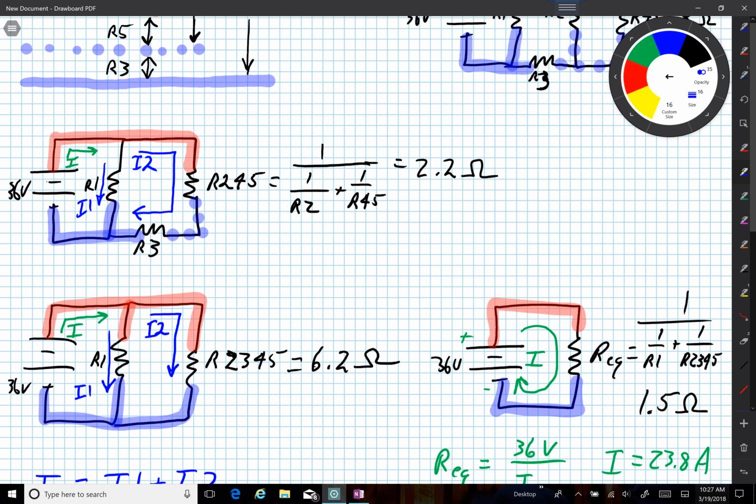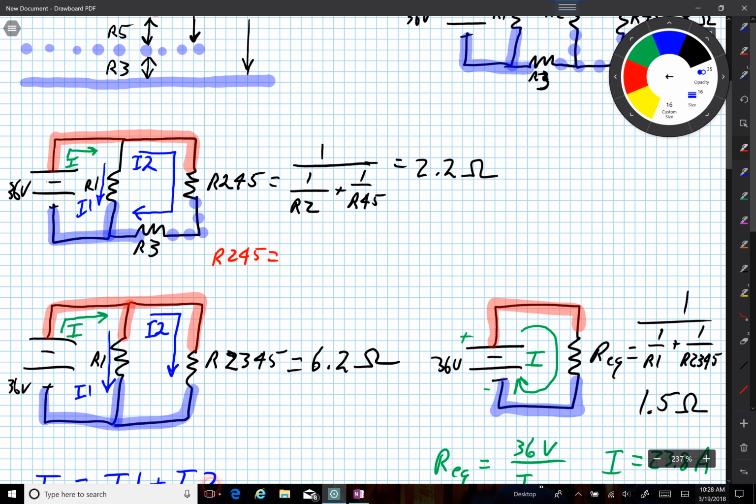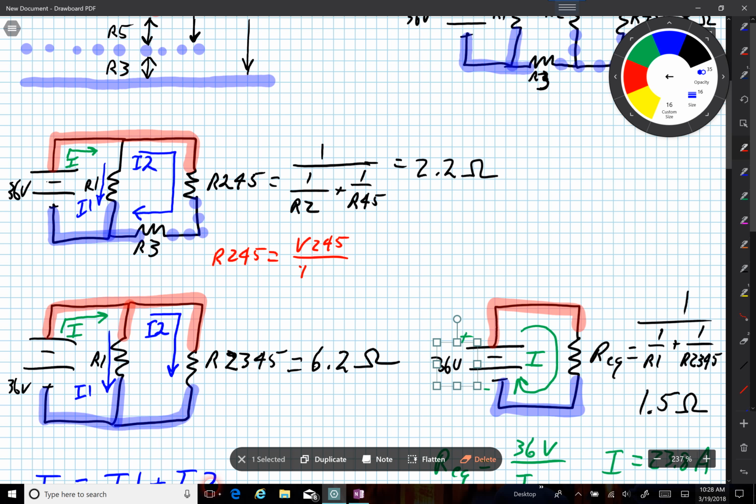So now I can use my Ohm's law equation again. And I can say this. I can say R245 equals V245 divided by I2.